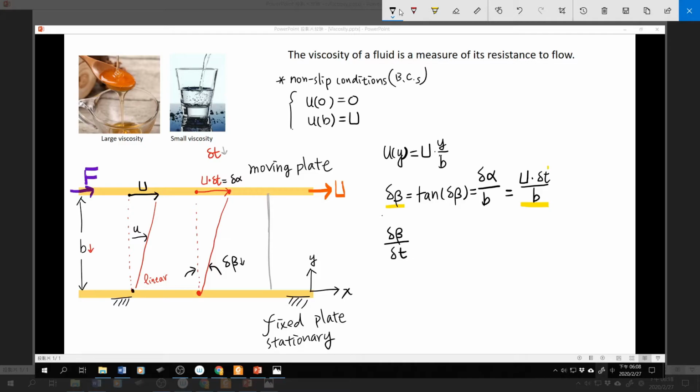And we can call it gamma dot. This is the rate of the shearing strain. The delta beta actually is a shearing strain. It is a strain caused by a shear force.